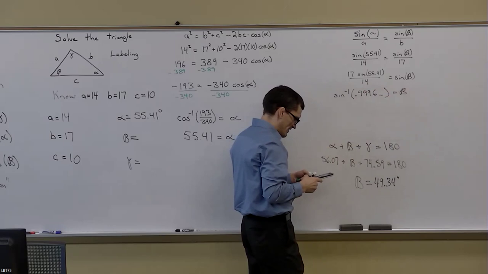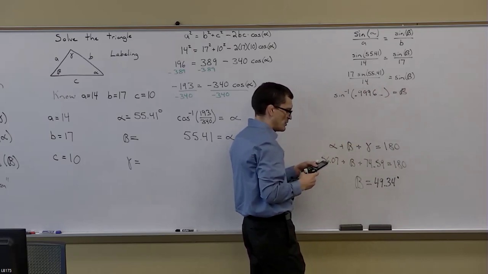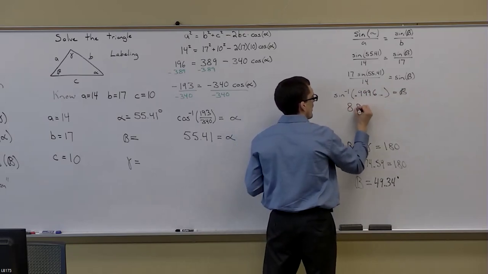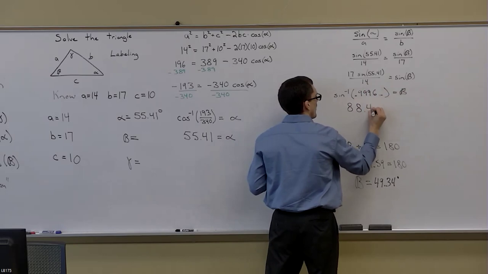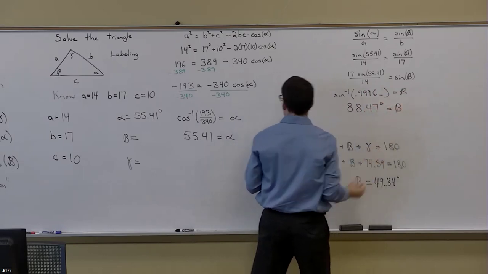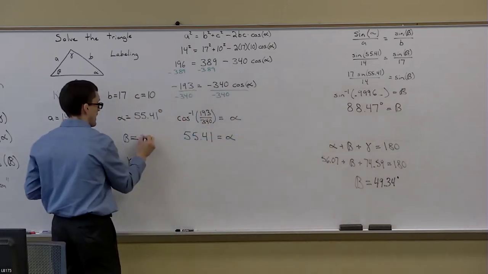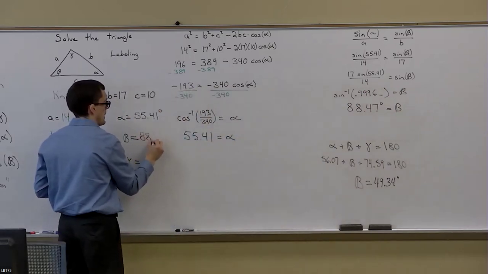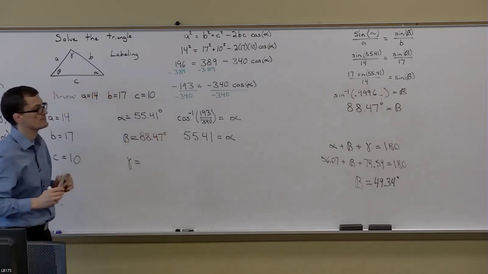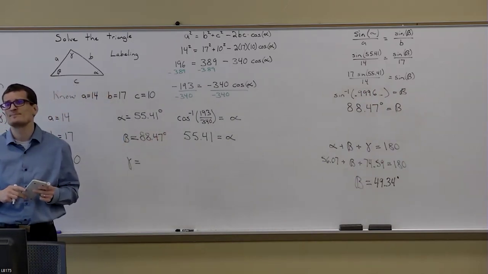Then take the sine inverse of that number. I got 88.47. That is my beta.